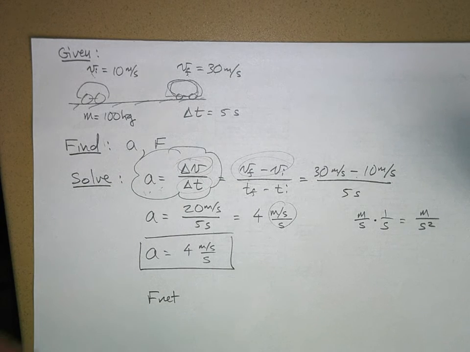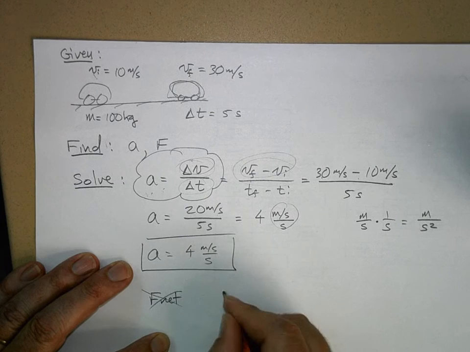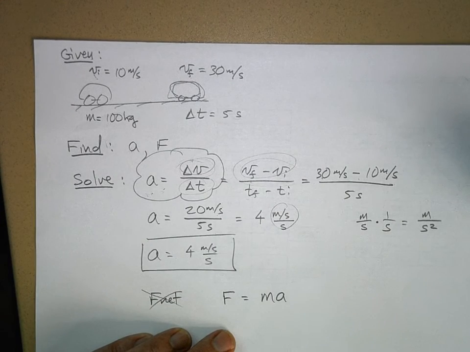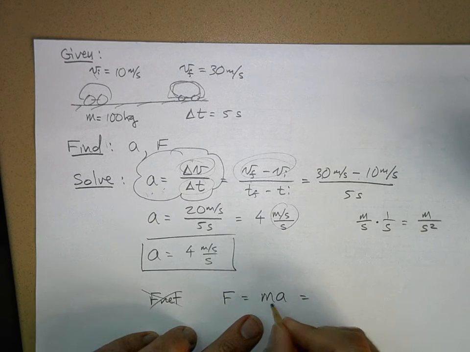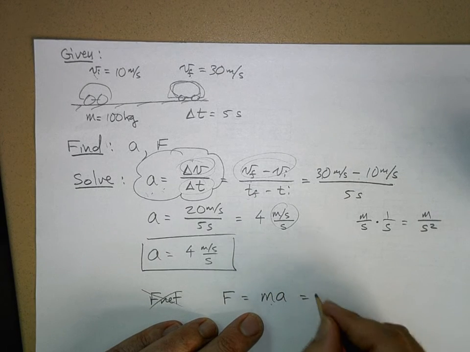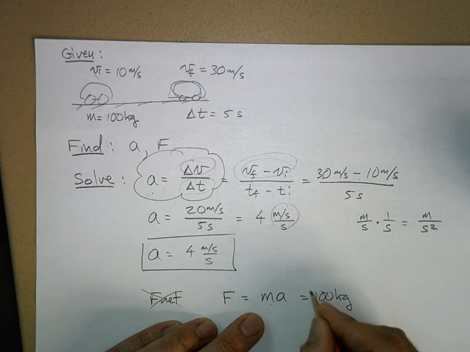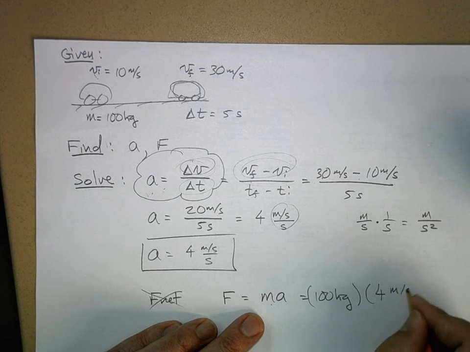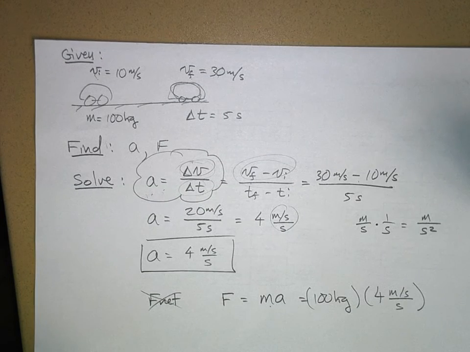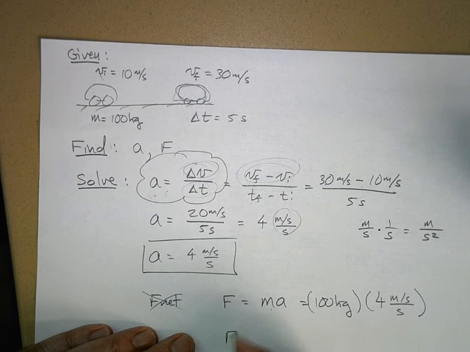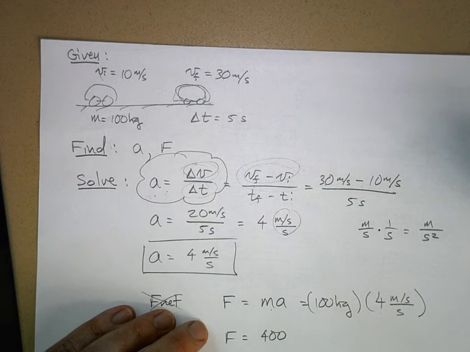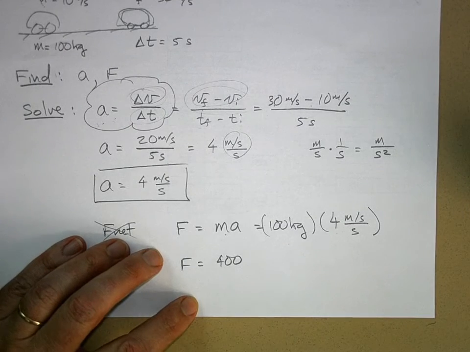The force is equal to mass times acceleration. So the mass is 100 kilograms, and the acceleration was 4 meters per second every second. And so the force is equal to, well, what's 100 times 4? 400 in most countries.